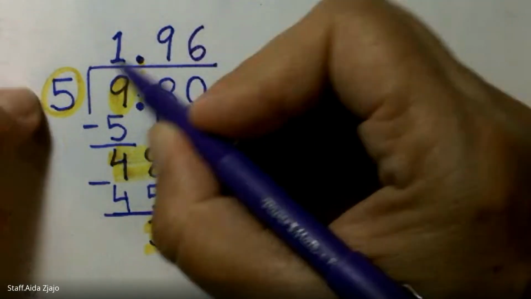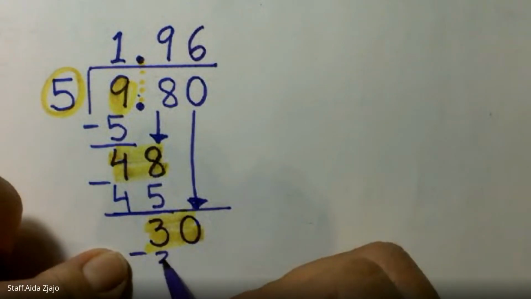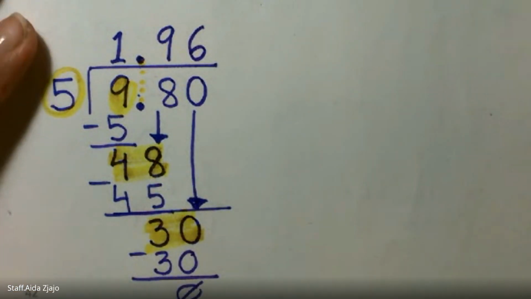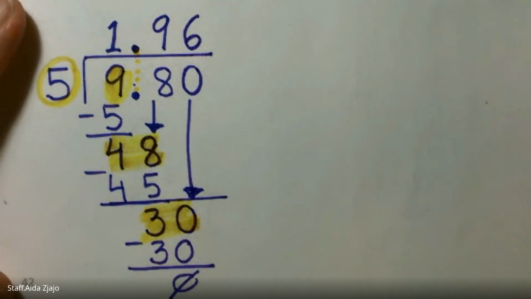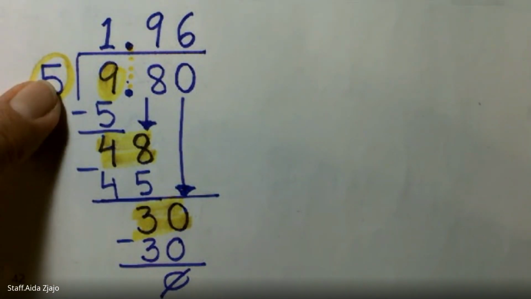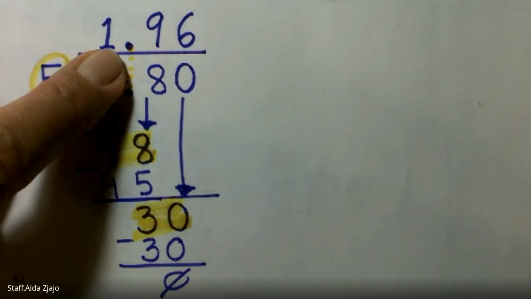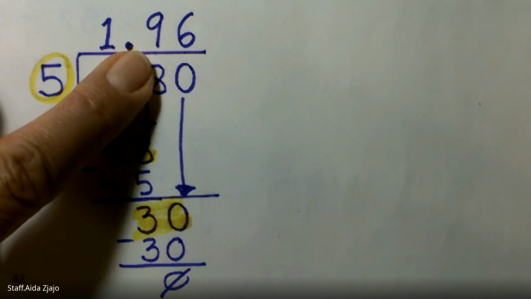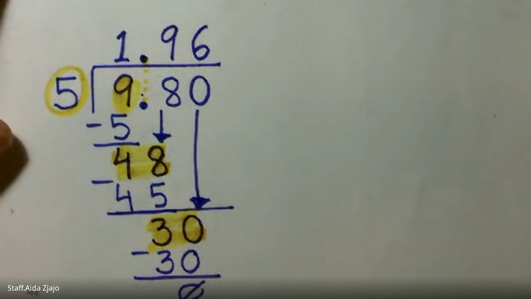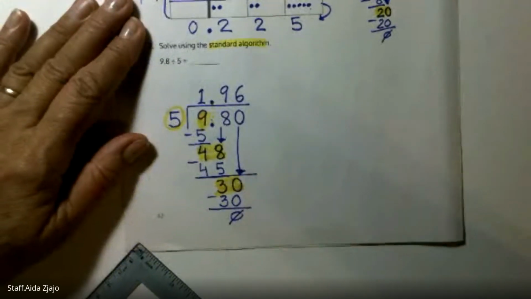There are 6 groups of 5 in 30, so I have nothing left to share. So my answer is, if I have $9.08 and I share it with 5 people, each person will get $1.96.